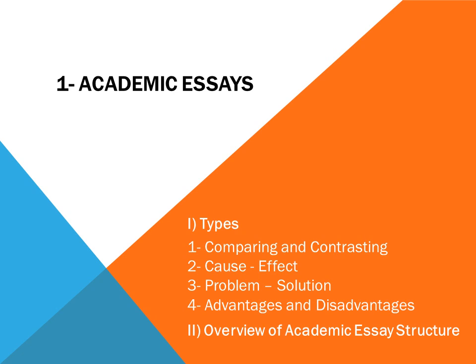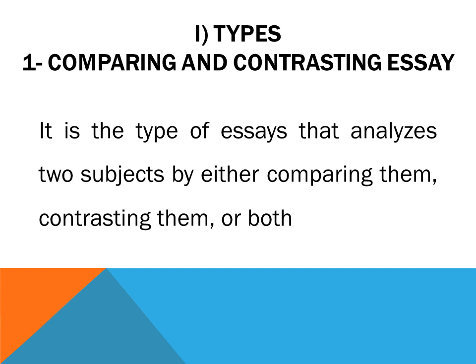For the academic essays, we're going to have an overview about the types of academic essays you are required to know, and an overview of the structure of the academic essay. The first type that you studied in the first semester is the comparing and contrasting essay, which analyzes 2 subjects by either comparing them, contrasting them, or both.